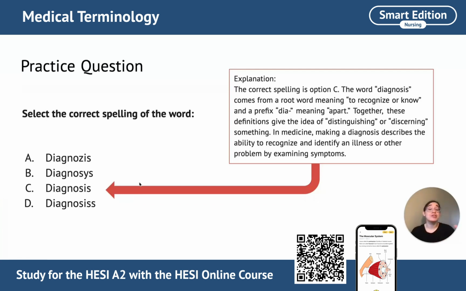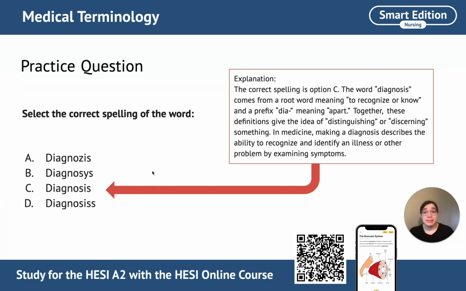So putting these two definitions together, it gives us the idea of being able to distinguish or discern something, to tell it apart. So in medicine, making a diagnosis refers to the ability to recognize and identify an illness or other problem or condition by examining symptoms.